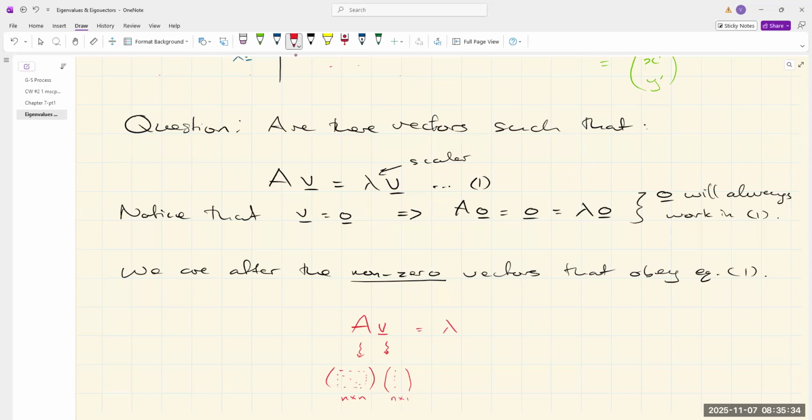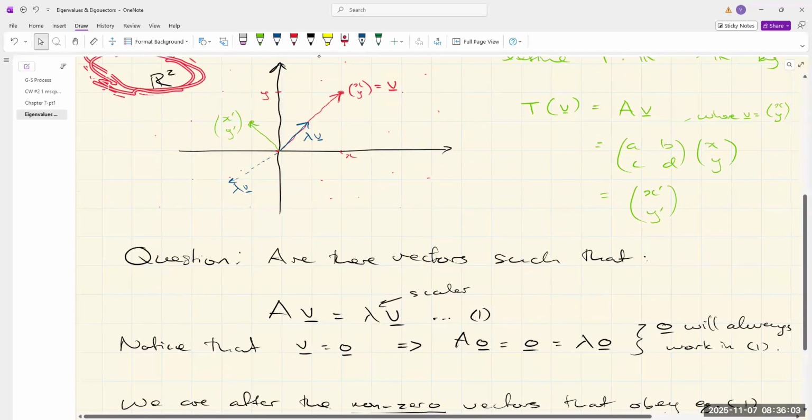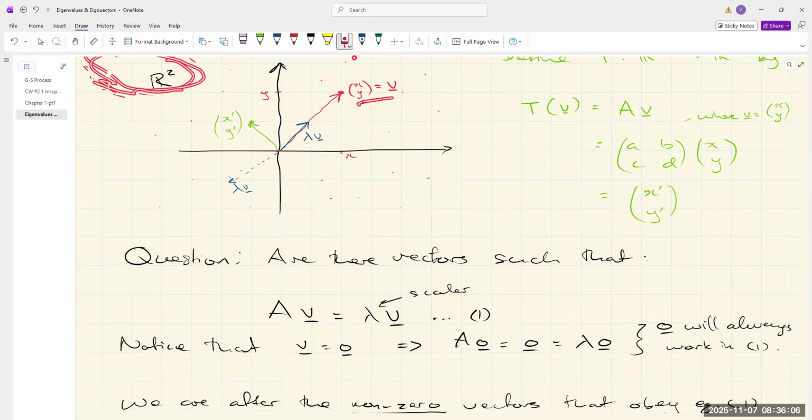It says lambda v. Lambda is a scalar, so either a real number or a complex number. We'll go into that later. And v again is the same vector that you put in. If you find a non-zero vector that obeys this equation, where when you multiply it on the left by matrix multiplication, all it does is remap that particular vector along the same direction, you could think of it, but it's just a multiple of the original vector.